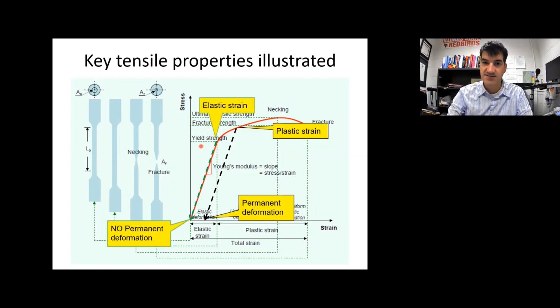So the rise is the difference in the vertical values, the difference in the stress. And the run is the difference in the horizontal values, which is the difference in the strain. So you take the difference between the stress values and divide that by the difference in the strain values, rise over run.